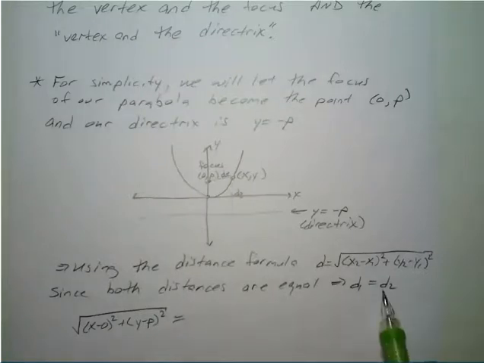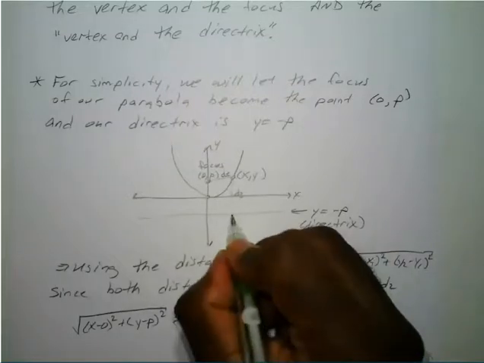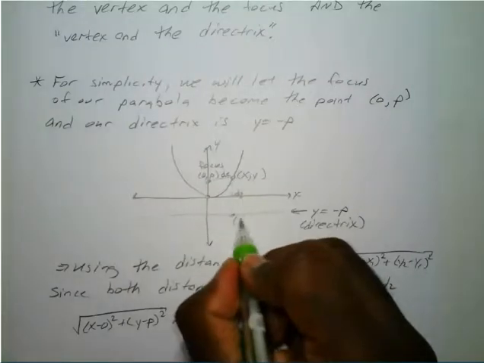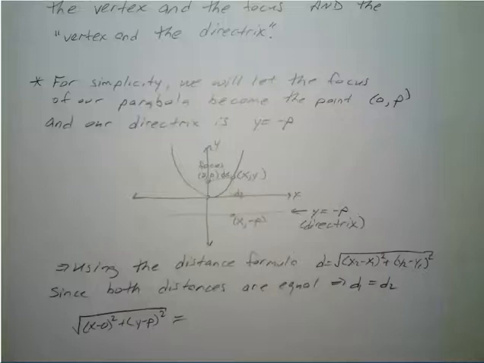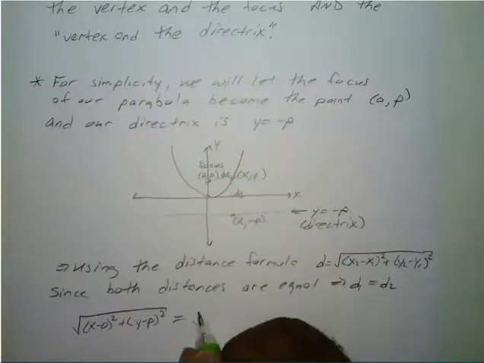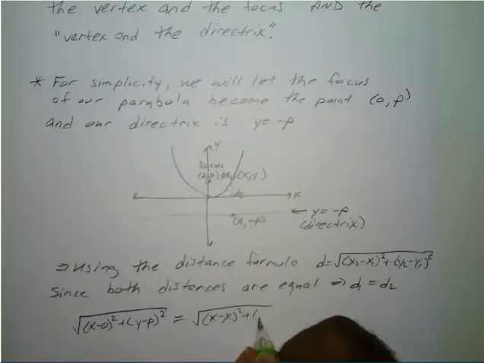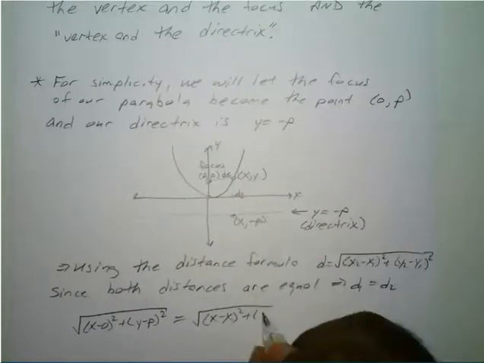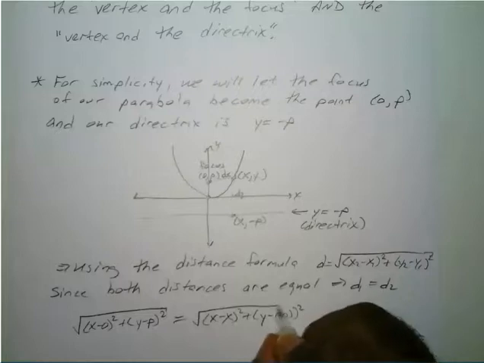equals our distance 2. This point is the same distance, just vertical, so it's (x, negative p). So you have (x minus x) squared plus (y minus negative p) squared.